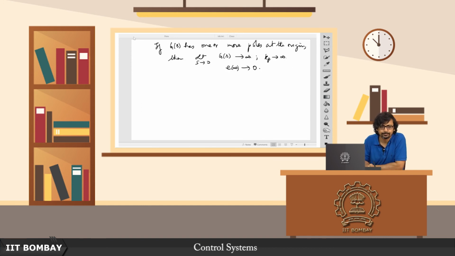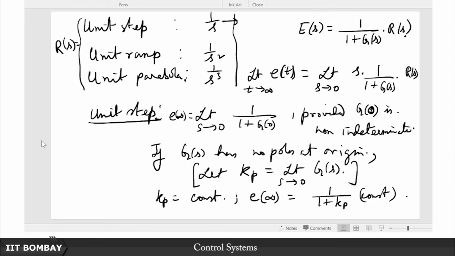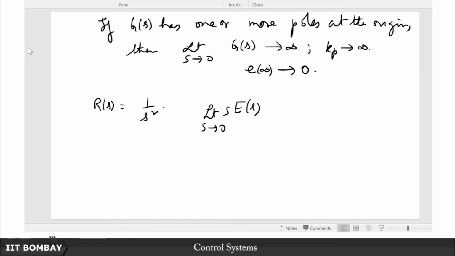Now for a ramp, so let us say now R(s) is equal to 1 by s squared. So then what about E(s), limit s tending to 0, remember that is the final value theorem after all. So this is going to be nothing but equal to s times 1 by s squared times 1 upon 1 plus G(s).